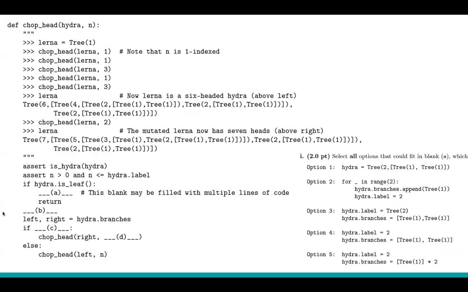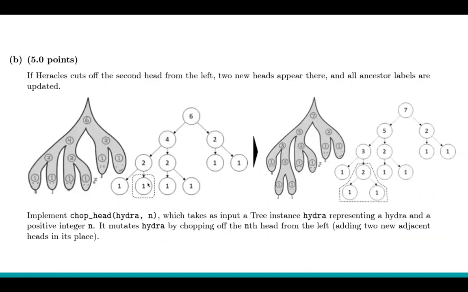So this part here, if hydra.is_leaf, can be used to solve the second subproblem. Once you find the leaf here, you're substituting it with this tree here.